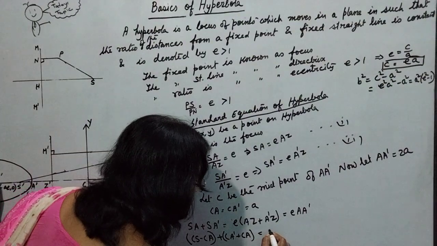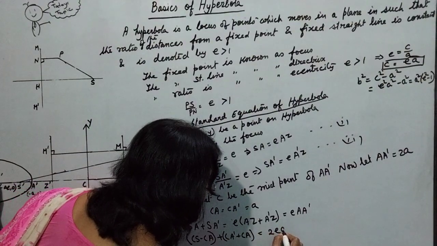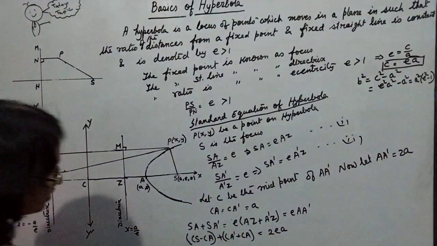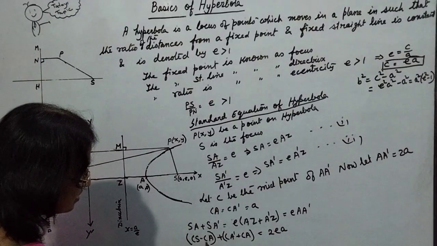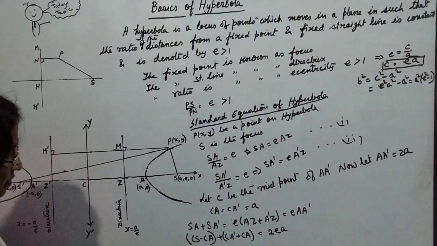This is equal to twice of E into A. What is CA and CA dash? This will cancel.